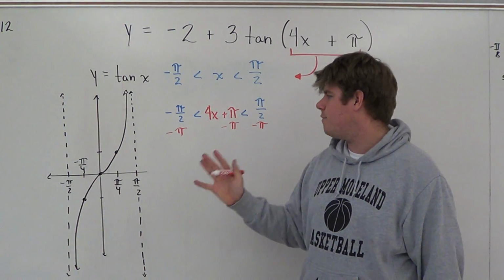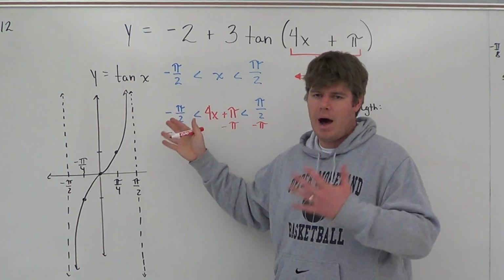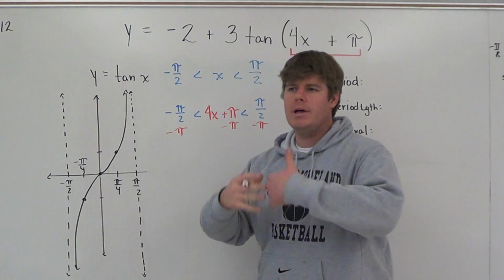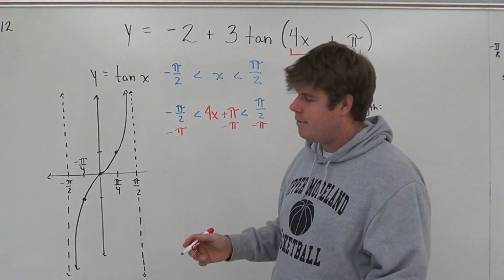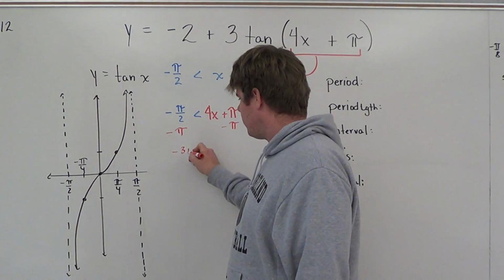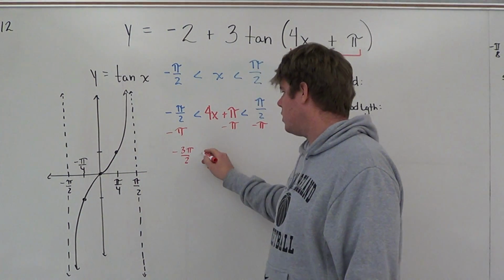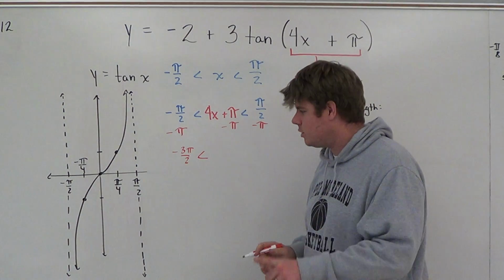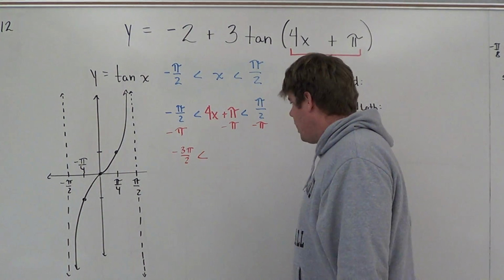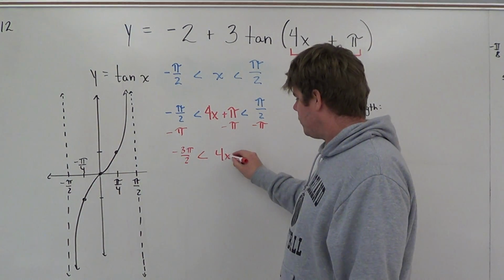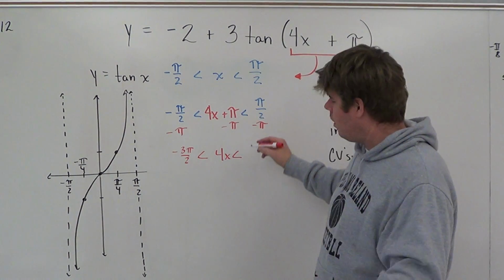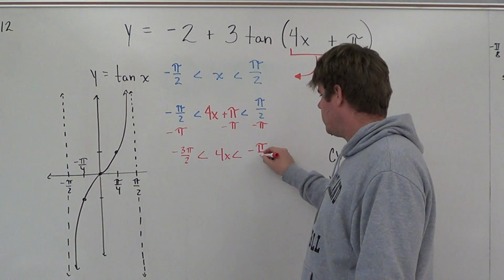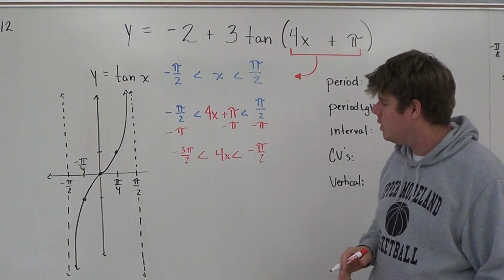Just think of pi as a variable where this is negative 1/2 pi and negative 1 pi. Well, negative 1/2 minus 1 is negative 3/2. So this is negative 3 pi over 2, which is going to be less than, remember it's not equivalent to because it's a vertical asymptote, the 4x, which is going to be strictly less than 1/2 minus 1, which is negative pi over 2. Okay, so negative 1 pi over 2.